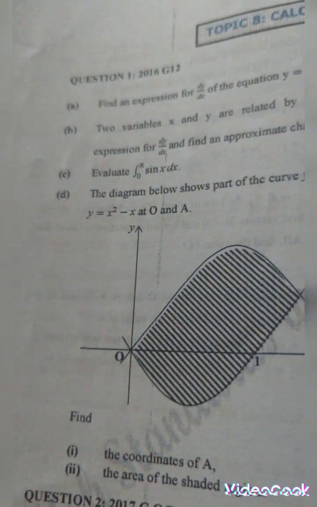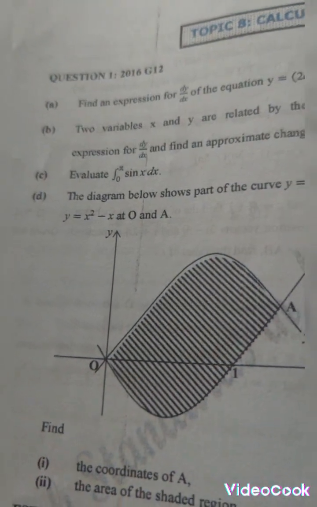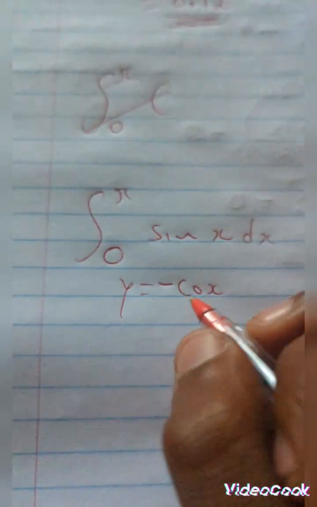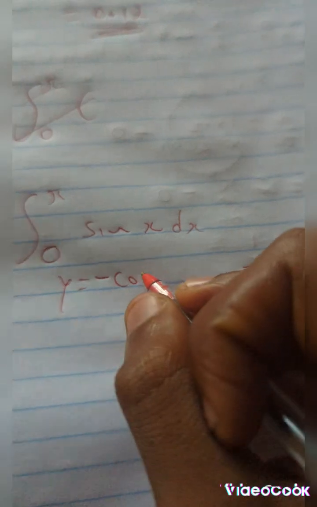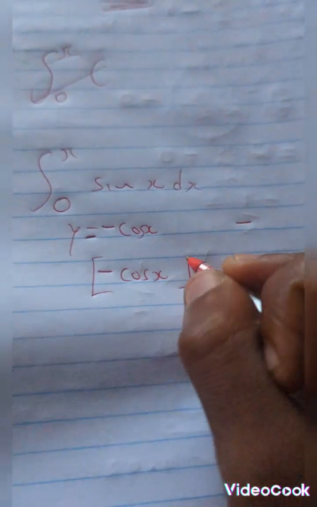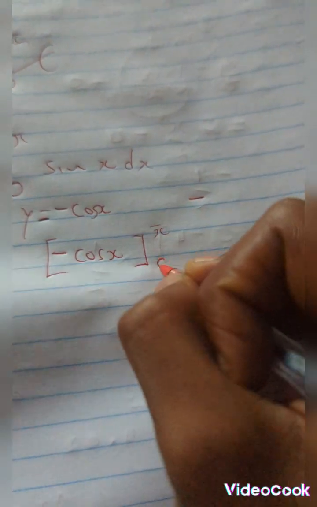Come to question number C, evaluate that one. Every time you integrate sin, it will change to negative cos x, so y will be equal to negative cos x, because when we integrate sin it will change to negative cos x. And then now we are going to expand. We have pi, then 0.